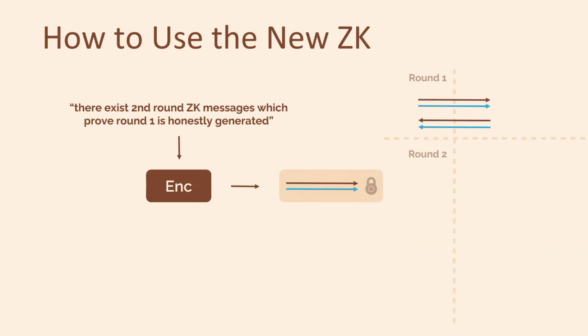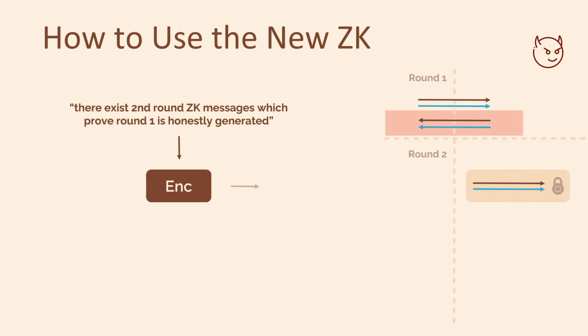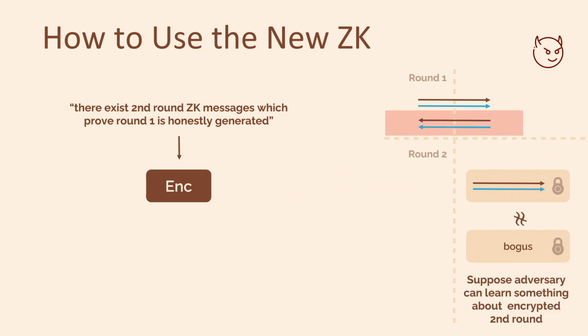Okay, so let's think about how we use this new zero knowledge definition in order to solve the problem from before. Let's imagine that we're using the same setup, but we're now using our new zero knowledge. And let's say there's an adversary that corrupts the first round, but can somehow learn something about the encrypted second round that it shouldn't.